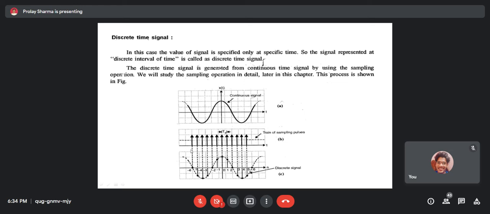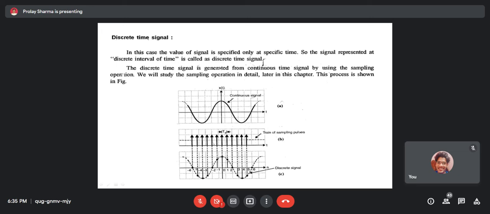We will use the impulse signal in detail later. For now, you can say that an impulse is a very short duration pulse, whose width tends to zero. Many such impulses occur after a definite time period, so it is called a train of pulses.